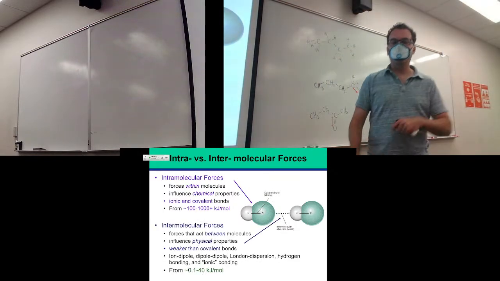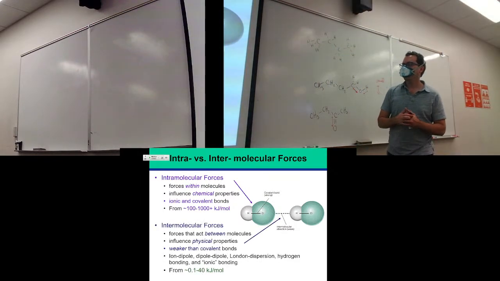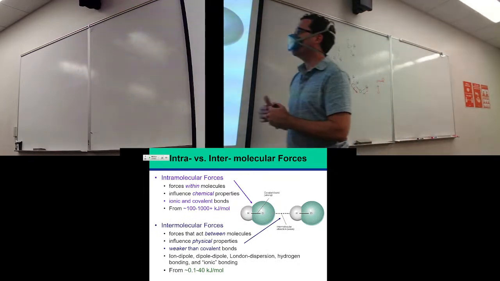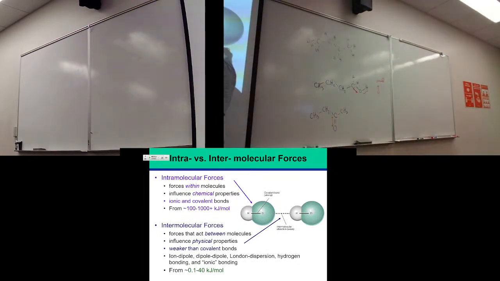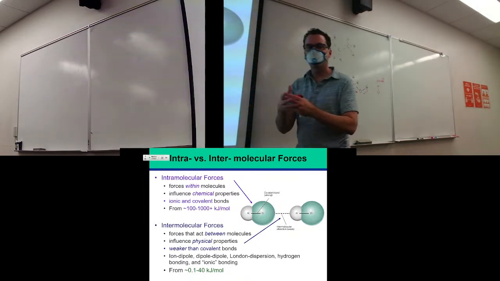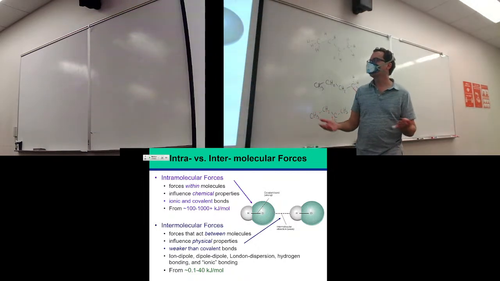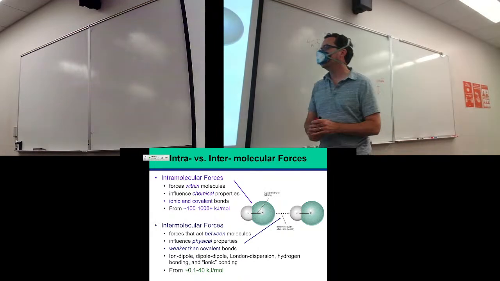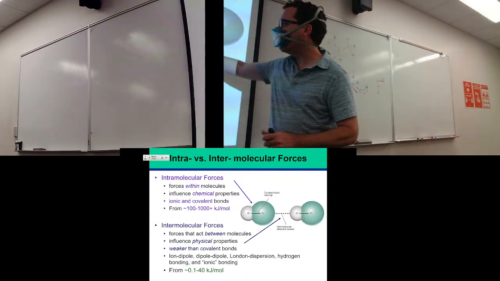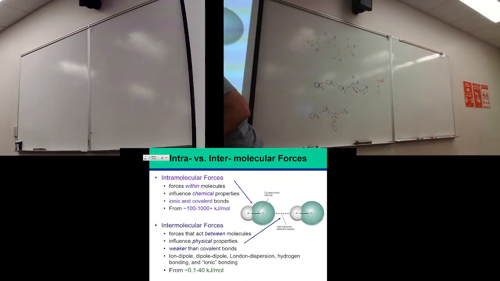An intermolecular force is much weaker. These are forces that act between two different molecules. These things influence the physical properties of molecules. They are weaker than covalent bonds, so notice the energy.